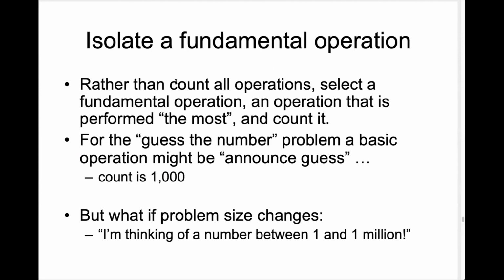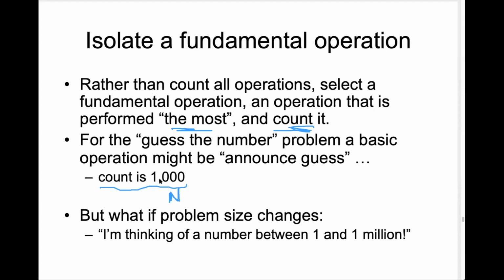Usually, we pick the most significant ones, meaning the operation that takes the most iterations, perform the most, and basically count it. So in the Alice and Bob game, the most is n.